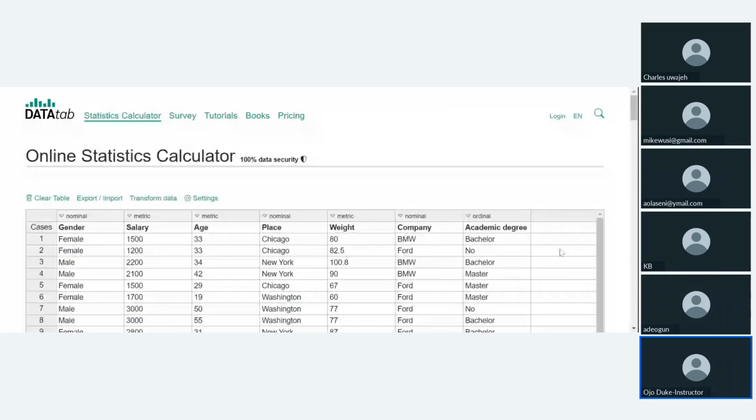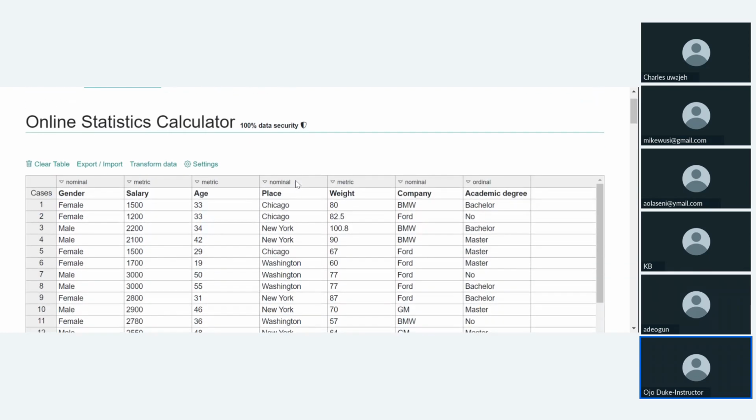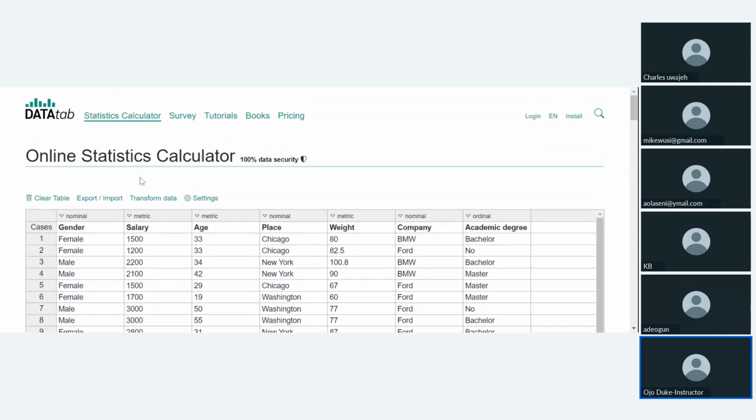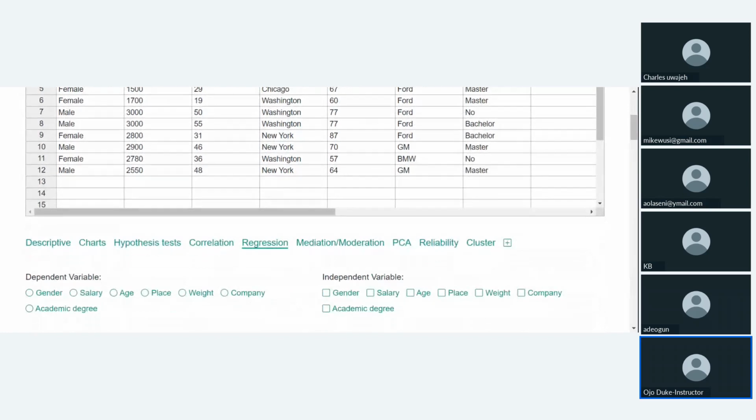So this is a typical table, and you have access to this link later in your materials. It is a simple table that has gender, salary, age, place, the weight of the individual, the company, academic degree. So you can already see that this is sample data, and we don't need the person's name, so the name field is not here. It's not useful anyway.